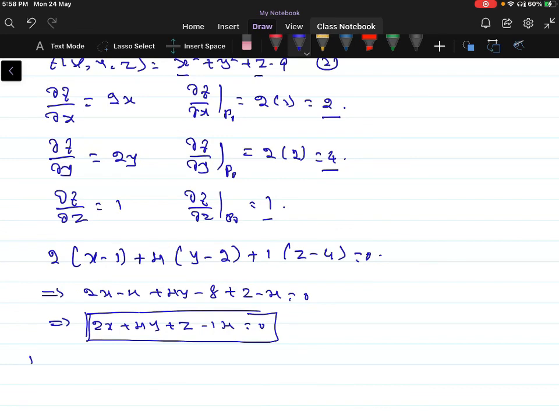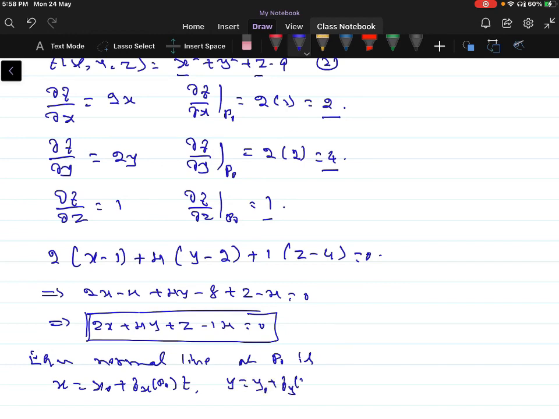Then equation of normal line at P naught is given by x is equal to x naught plus fx at the point P naught into t, y is equal to y naught plus fy at the point P naught into t, and z is equal to z naught plus fz of P naught into t.